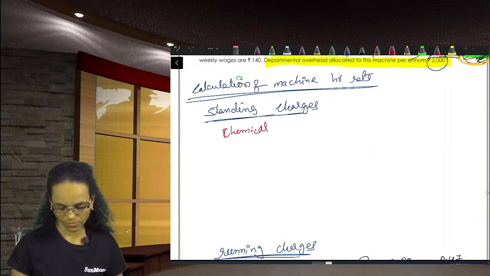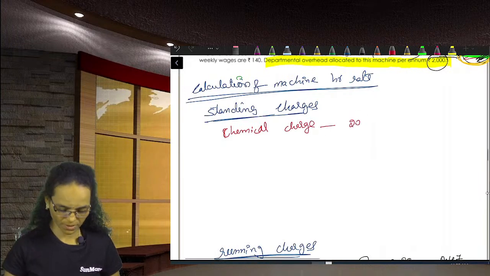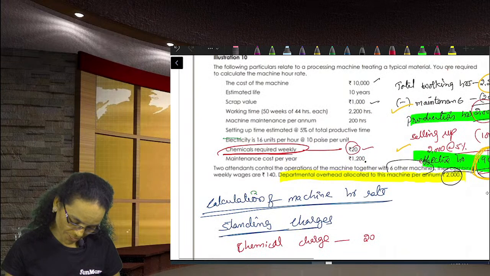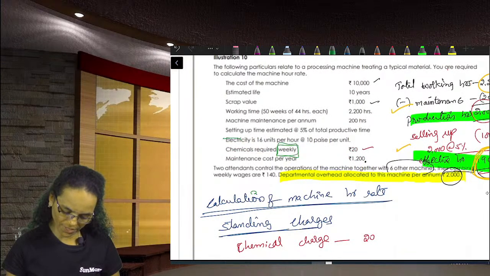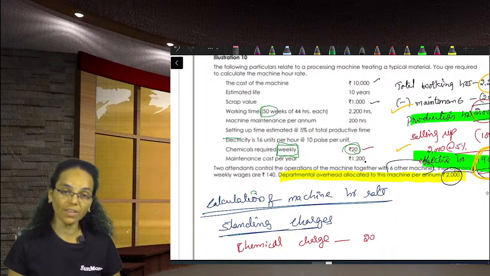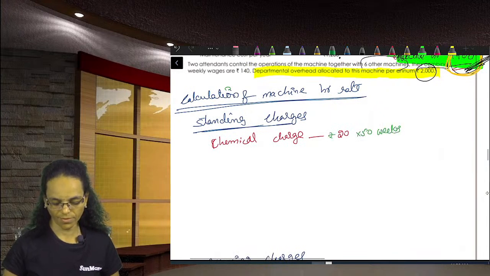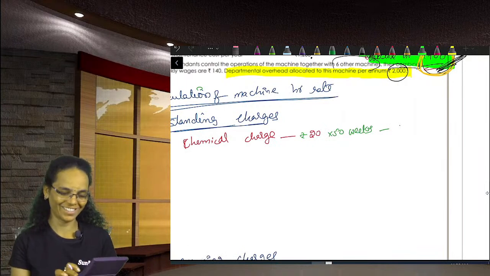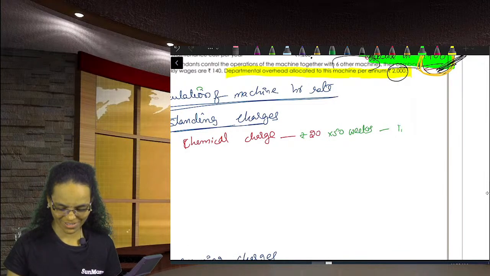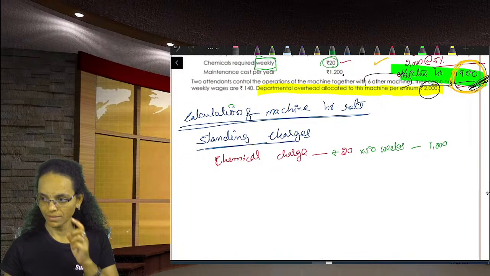Chemical charges are 20 rupees weekly, and we are working 50 weeks in a year. So 20 rupees into 50 weeks is 1000.